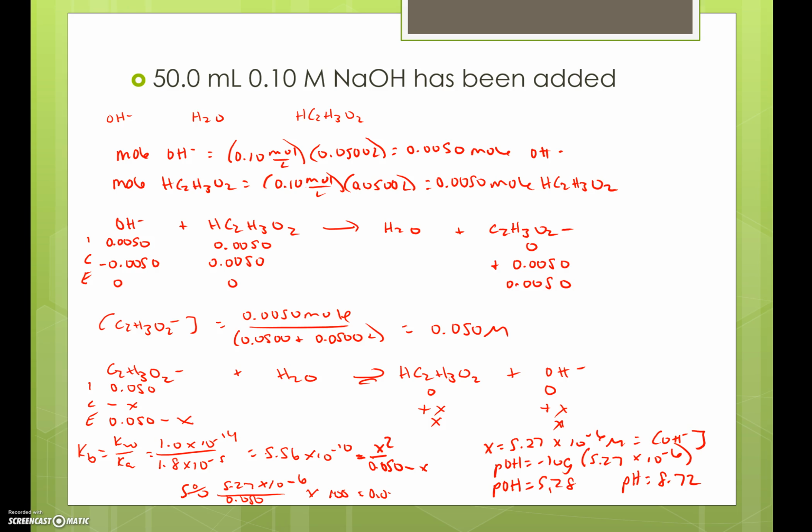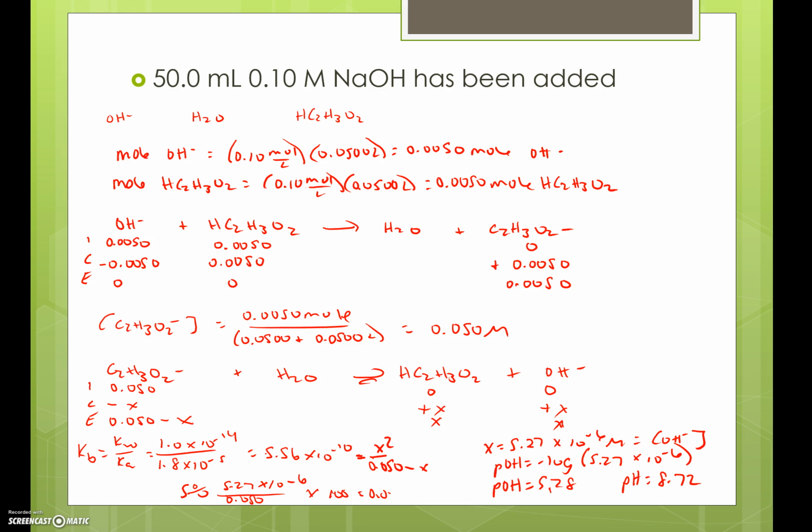And we have no hydroxide and no acetic acid in the solution once this reaction has gone to completion. But we do have acetate ions. We can get the pH if we know the acetate ion concentration in the solution. So we'll take the moles of acetate ion, divide it by the total volume, and that gives us 0.050 molar acetate ion.